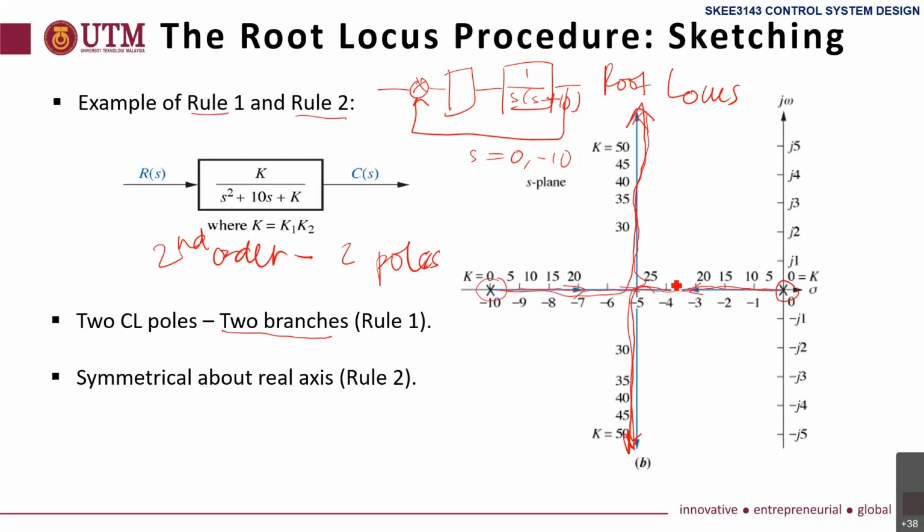This is what we meant by branches: 2 branches, number 1, number 2, going down and going up. Later with 3 branches, 4 branches, it depends on the number of poles.